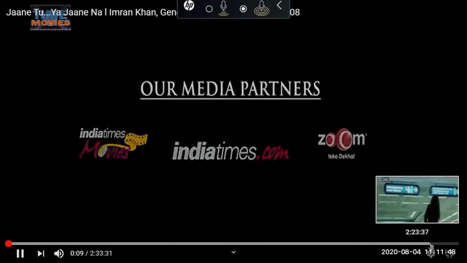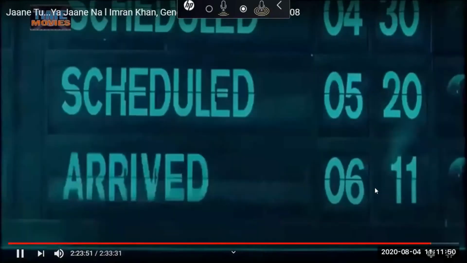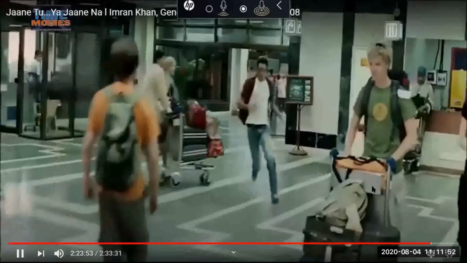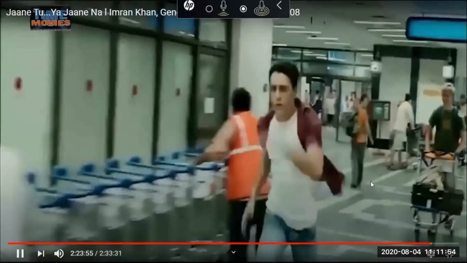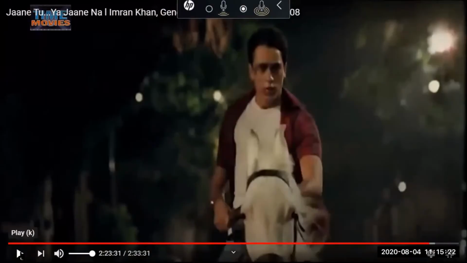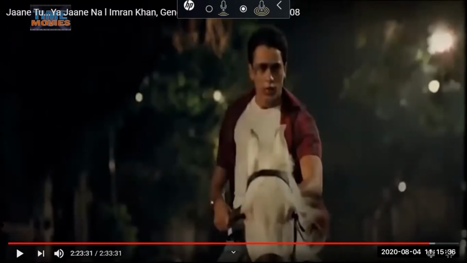Okay, so at this point, you can see that in this particular sequence, Imran Khan is coming to the airport on his horse, and the female protagonist is leaving India, right?